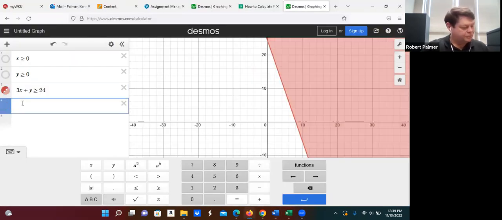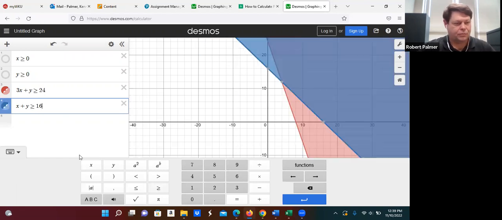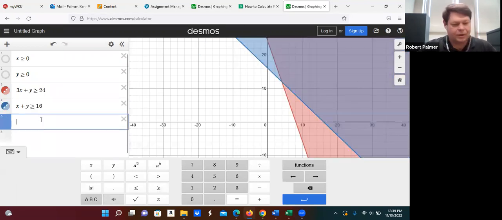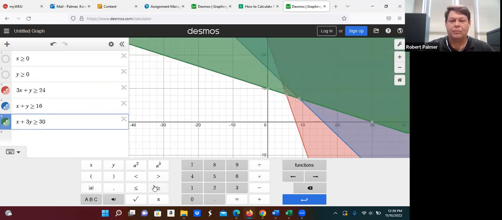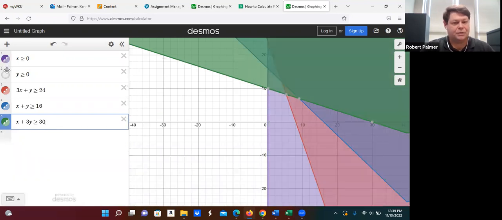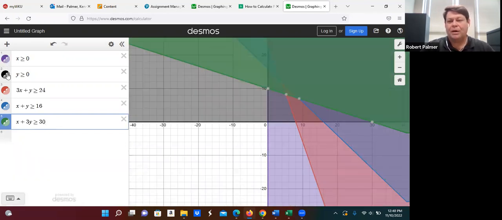All right, the second one, x + y is greater than or equal to 16. And then x + 3y is greater than or equal to 30. And then our others, so x is greater than or equal to 0, y is greater than or equal to 0.